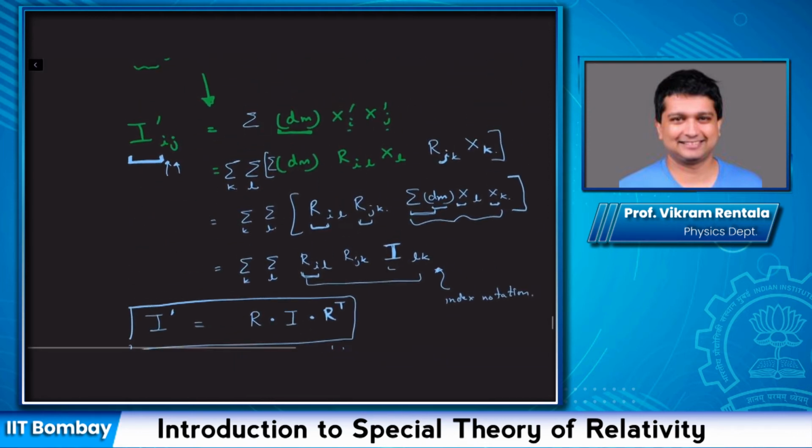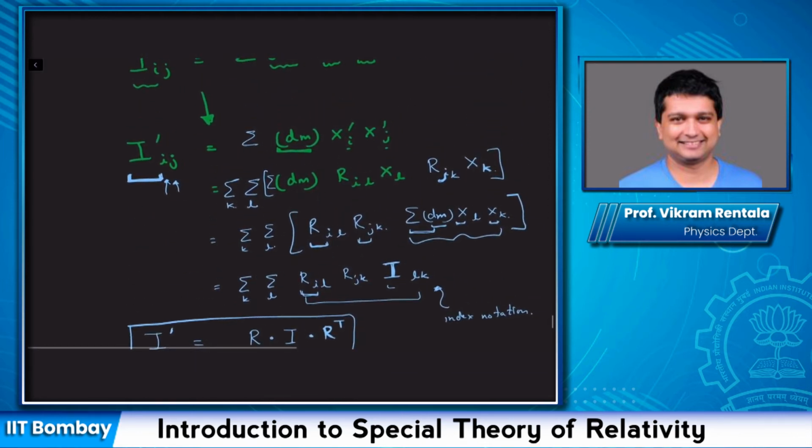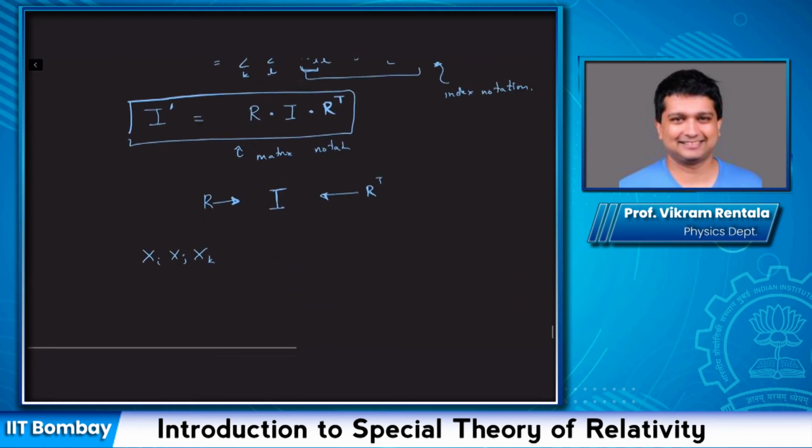Our previous object that we constructed had only two free indices, i and j, so this is called a rank 2 tensor. But something like this is called a rank 3 tensor.